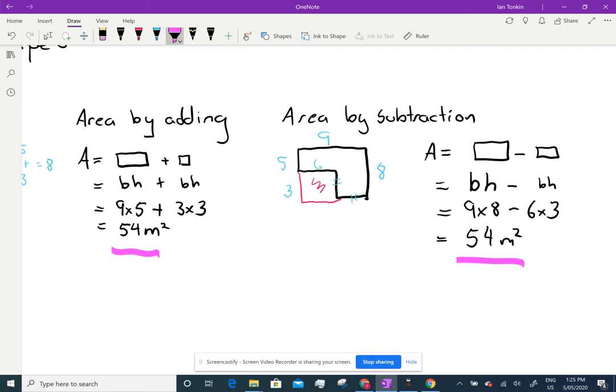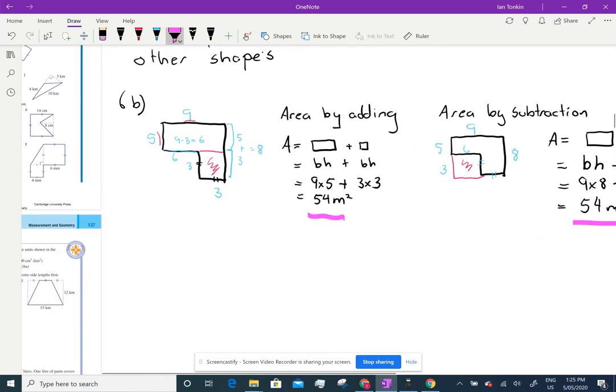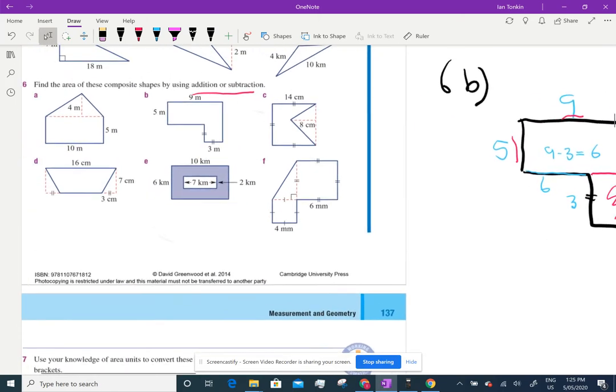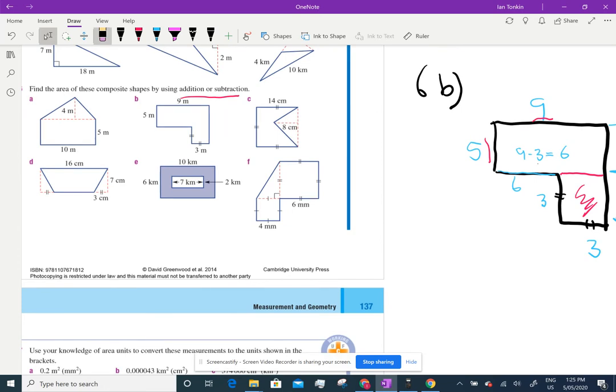Now, I would have found that the adding method there would have been the easier method to do. I tend to prefer adding if I can. Over here, though, there are some that are easier by doing subtraction, and you have to make up your mind. So here, I'd probably add the rectangle and add the triangle.